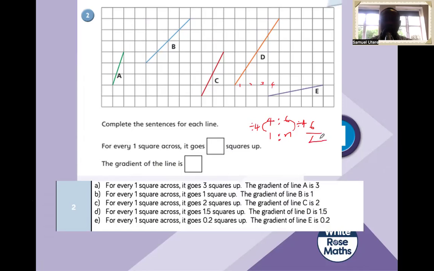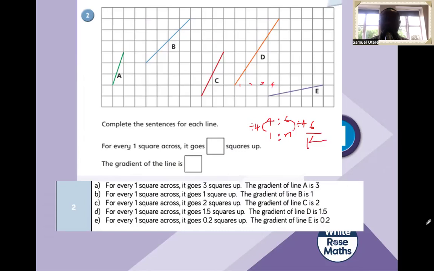And that 3 over 2 is 1.5, because 3 divided by 2 is 1.5. So now we have this as 1.5.